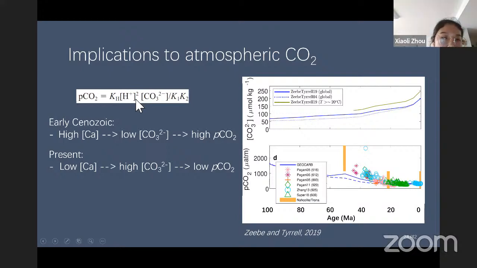So this will give us a higher pCO2 concentration. Whereas at present, when we have lower calcium concentration, we have higher carbonate ion concentration and lower pCO2. This is also confirmed by the modeled result by Zeebe and Tyrrell 2019 here. So more toward present, we have higher carbonate ion and lower pCO2.